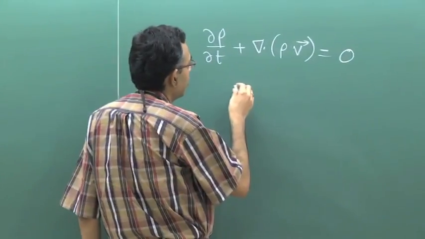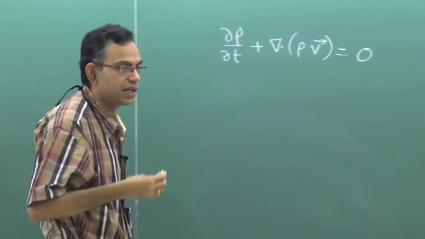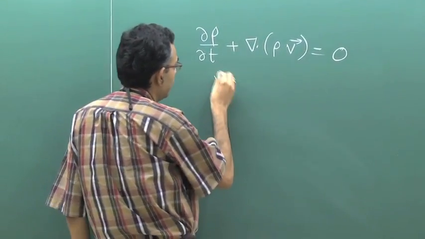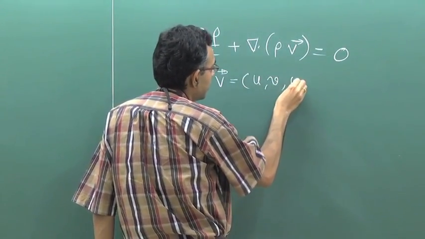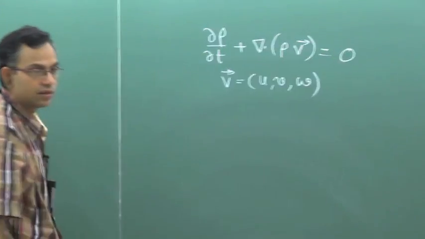Let us say that you are considering a Cartesian system where the velocity vector will have three components u, v and w, u along x, v along y and w along z.